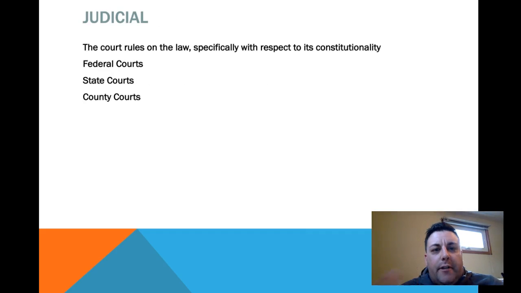So the judicial branch obviously is responsible for determining whether or not laws are constitutional. That happens through many different levels of court systems, obviously federal, state, county courts. There's many different levels of federal courts. There's even court systems below the county system, town courts and things like that. The Supreme Court is probably the most noteworthy court in the land, or certainly the one that gets the most attention from the press.